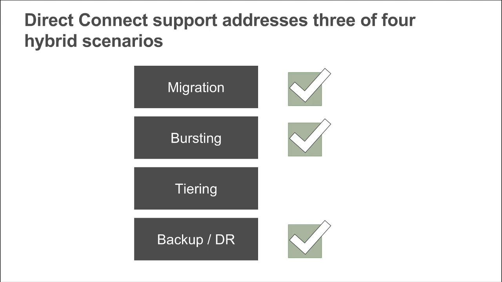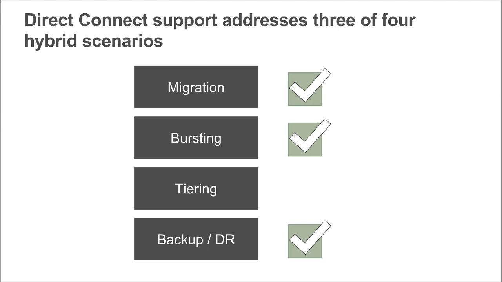And then the final scenario is backup and DR. If you want to back up your data from on-prem or configure a disaster recovery environment on the cloud, you can use the Direct Connect connection to move your data back and forth. The one area that we don't recommend using EFS over Direct Connect for is tiering.